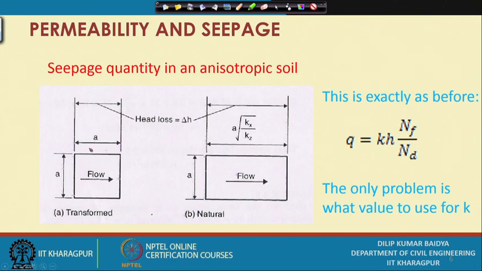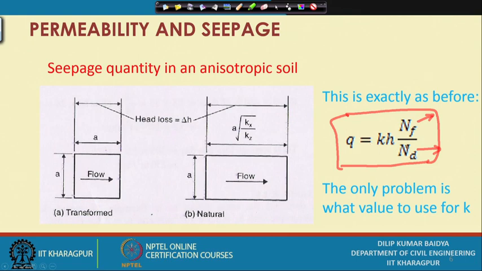In this transformed section, the same equation is valid exactly as before, that means I can use the equation q equals k into h n_f by n_d. Once you draw the flow net in the transformed section below the structure, I can count the number of flow channels and the number of potential drops, and H is already known and K is known, so I can find out the flow.